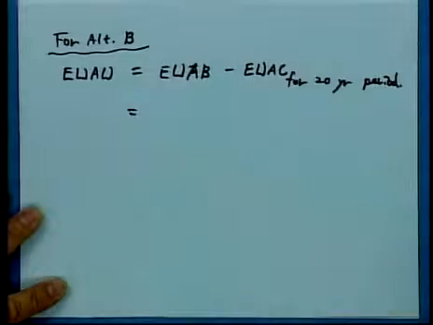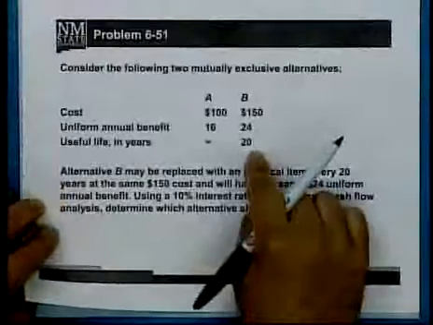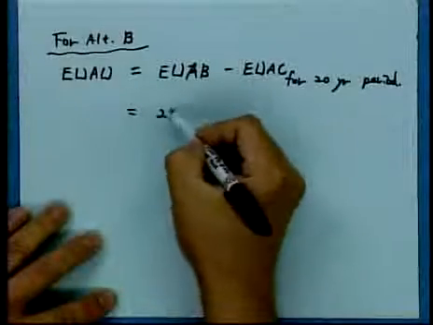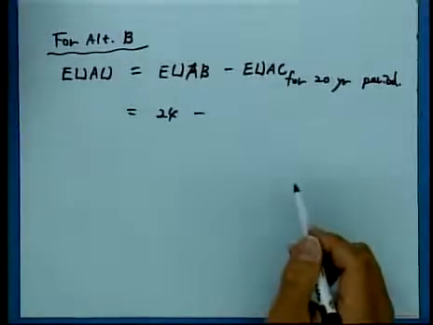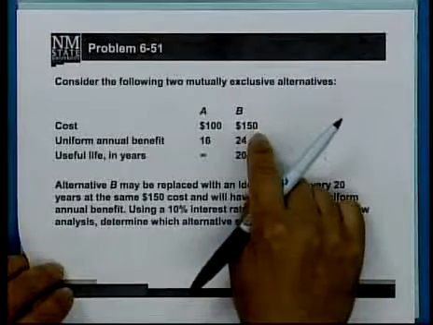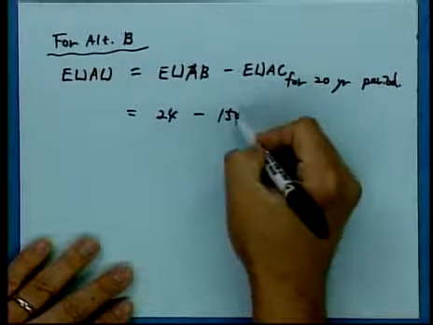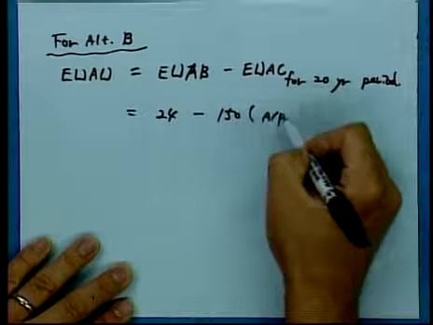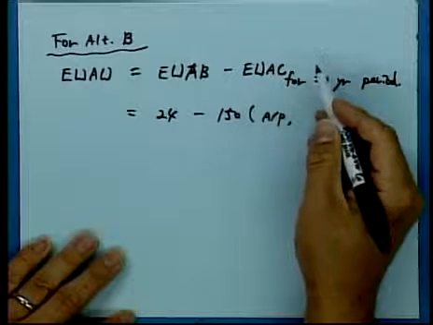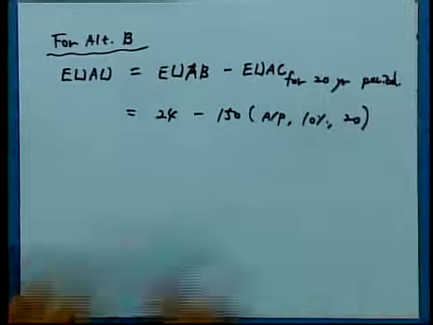So how much is that? For Plan B, uniform annual benefits of $24 are required, $24, and then equivalent uniform annual cost of $150. So 150 times A given P, 10% over 20 periods.